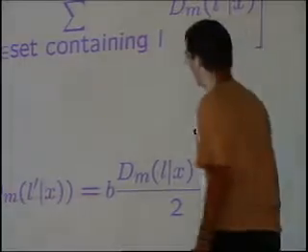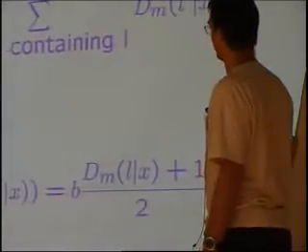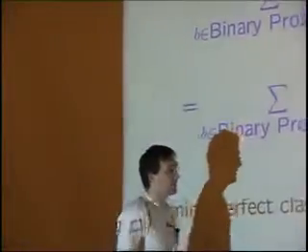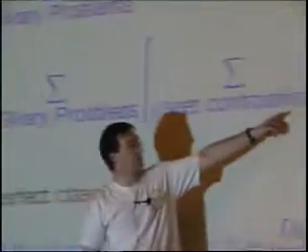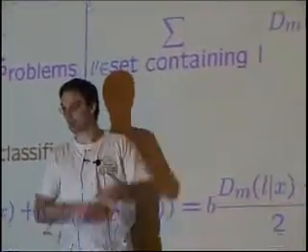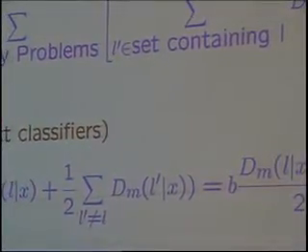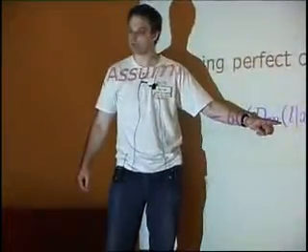And then there's some sort of fancy switching of sums going on here. You say, look, whatever label L we care about, it's going to, by definition, appear in every set that we're measuring the probability of. So there's B of those sets, so we have B times the probability of that particular label.